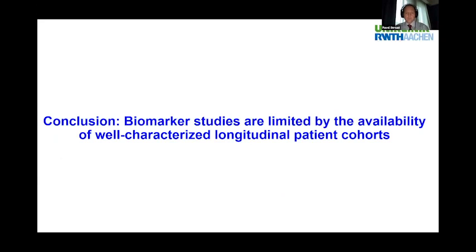So the conclusion so far from all these biomarker studies is that, of course, we can study all kinds of biomarkers, but the usefulness of the biomarkers will never be better than the power of the patient cohorts that we have. And at the moment, we are still lacking well-characterized longitudinal patient cohorts.